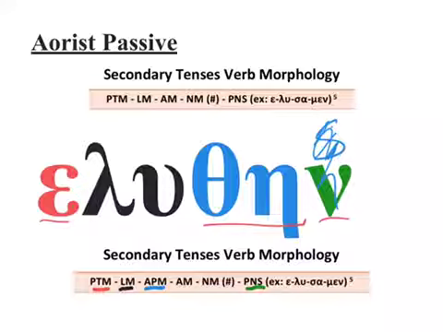So it would be eluthe men instead of eluthe amen. Any questions on that? That's because the eta makes a vowel sound.